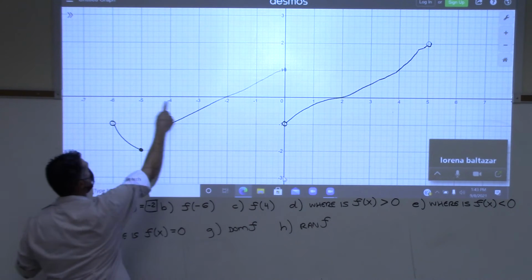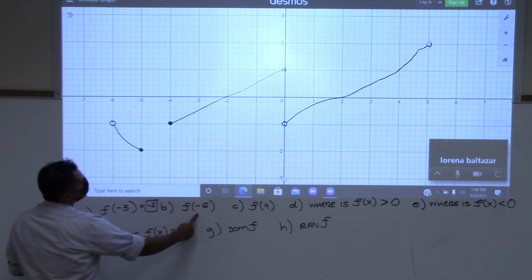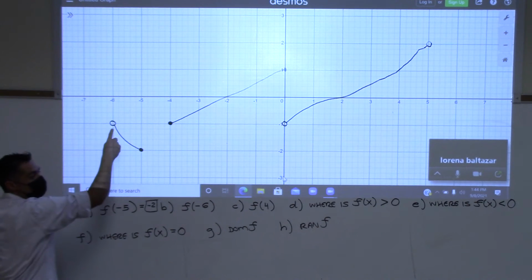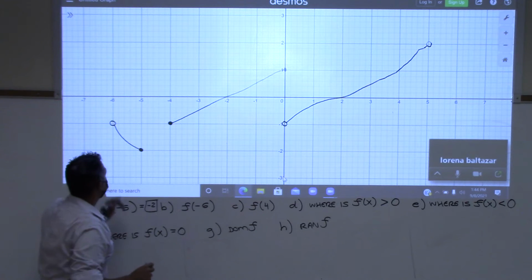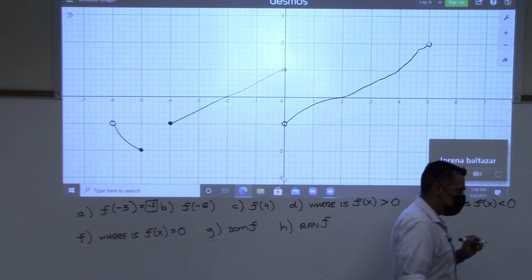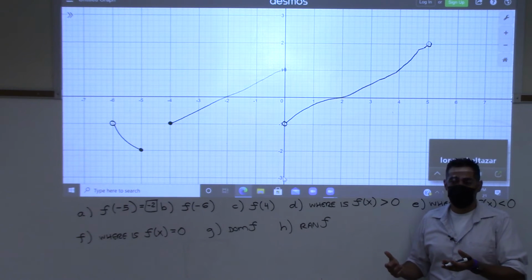Okay, go out to -5. Here we go. Okay, Lorena, keep going. -1. Okay, so you went out to -6. In here, Lorena, it's an open circle, right? That means that there is no point there, so there is no output for the function.